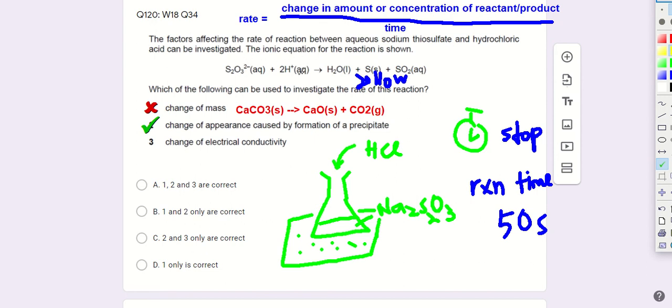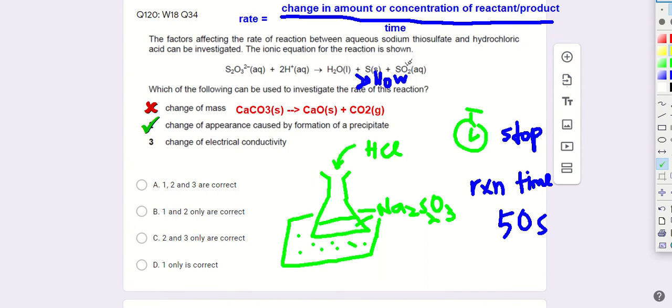Now, you know aqueous solutions can conduct electricity because they contain species that carry charges. But let's look at the products. I have H2O, I have sulfur, I have sulfur dioxide. All these are neutral molecules, no charge, cannot conduct electricity.